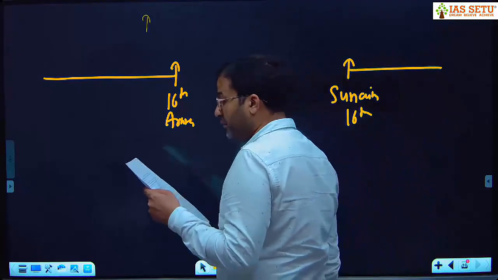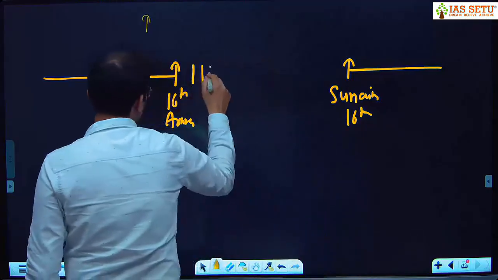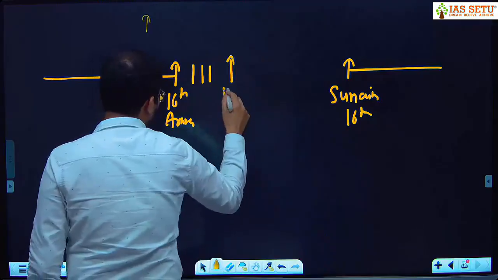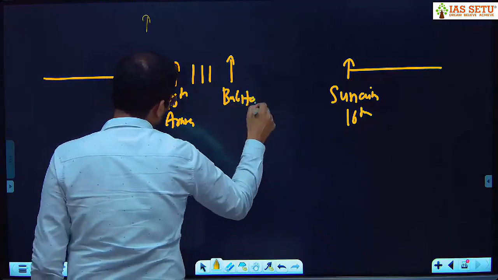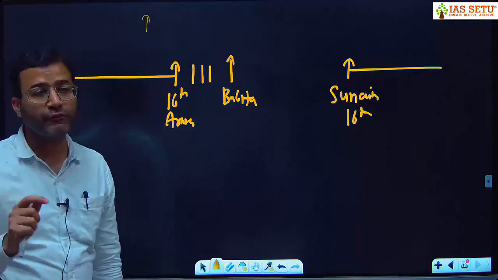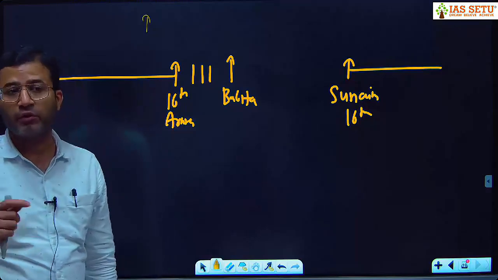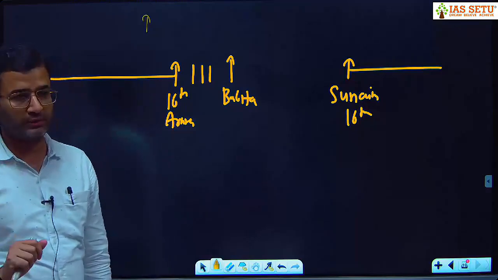Next part is Babita, who is 4 to the right of Aruna. First right, second right, third right, fourth right is Babita herself. There are two different languages. If I say Babita, who is 4 to the right of Aruna, it is different from saying between Aruna and Babita, there are 4 girls.